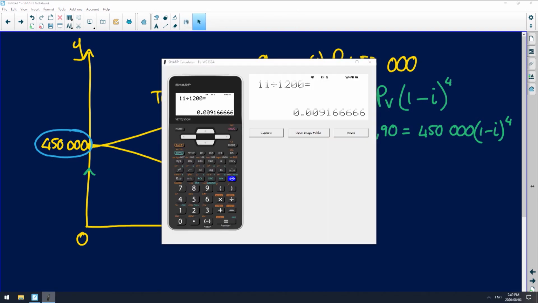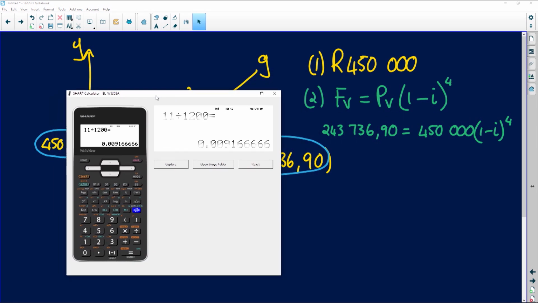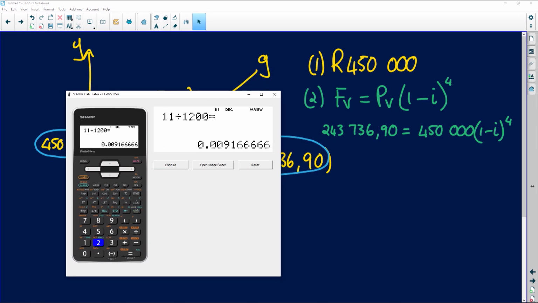Let me just go back to my calculator. I want to drag it to a different space. There we go. So we've got 243,736.90, and we're going to divide that by 450,000.